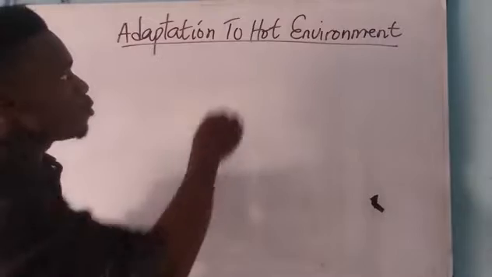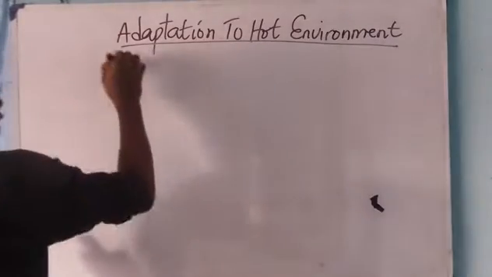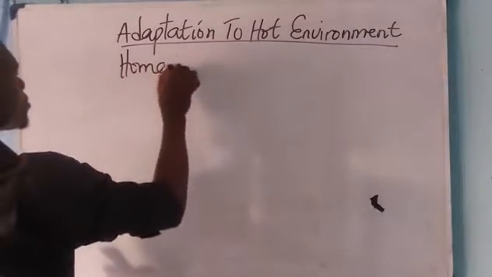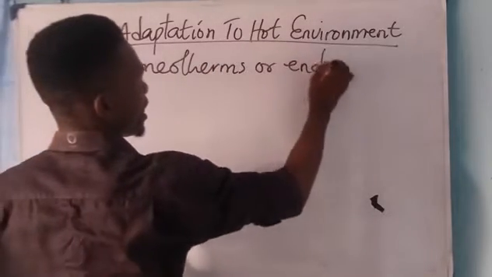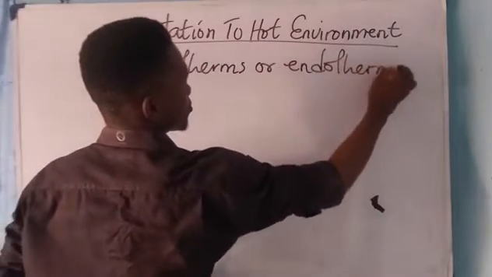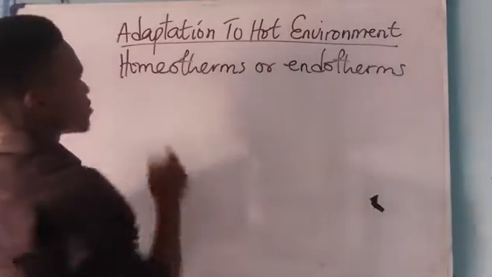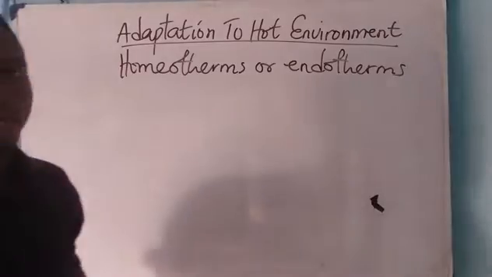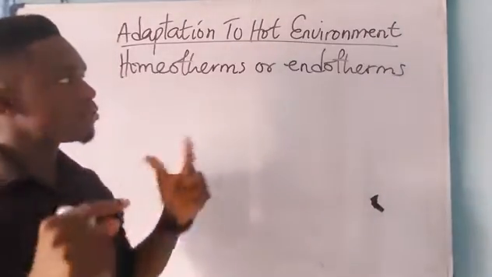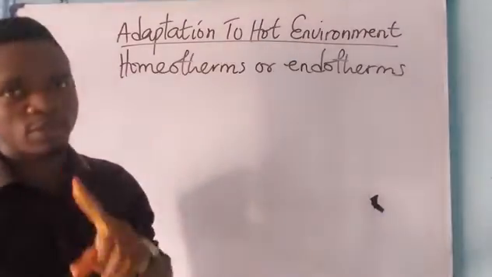Take note, homeotherms, or endotherms. Now, these are organisms that have the ability to generate their own heat or energy in order to regulate uniform body temperature.